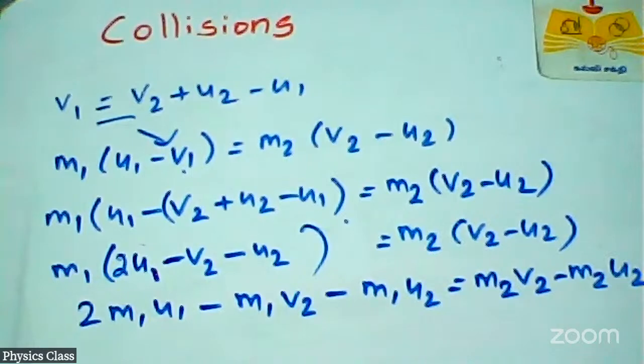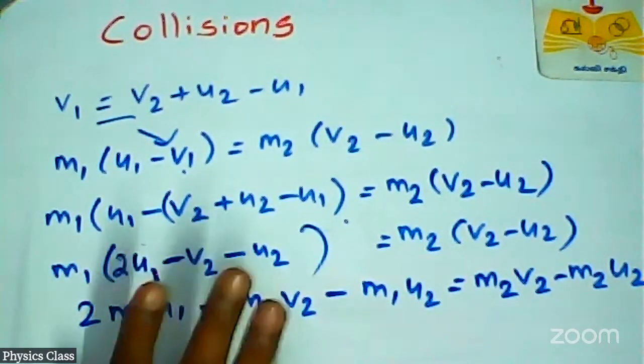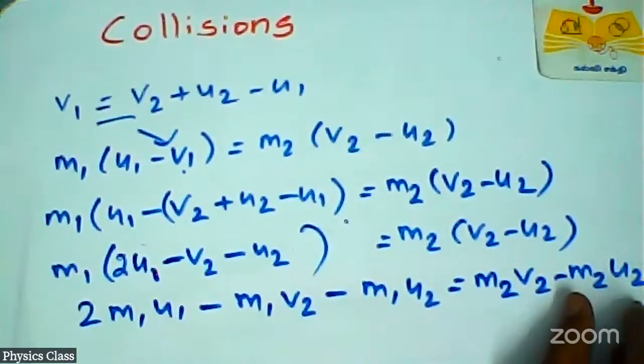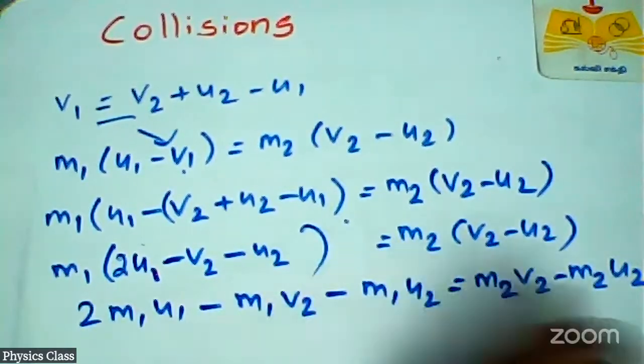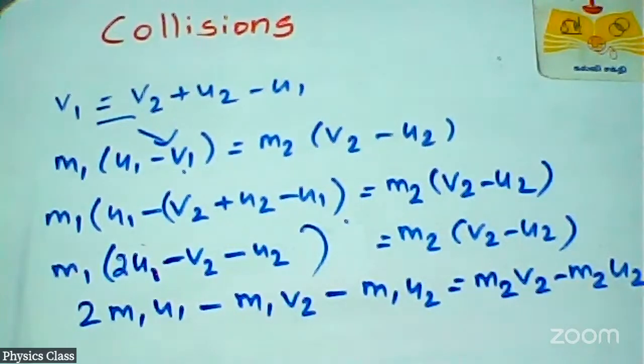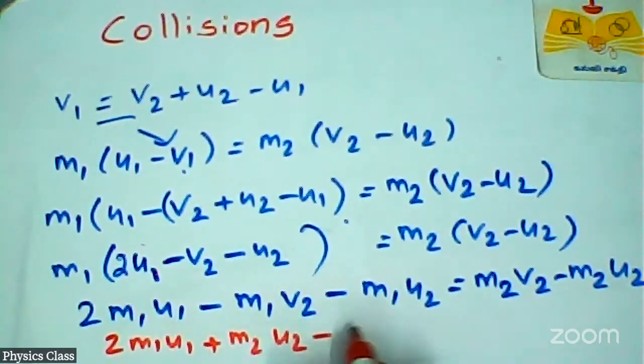Just think about it. 2 m1 u1 is here, but m2 u2 goes here, so minus converted into plus: 2 m1 u1 plus m2 u2, minus this quantity m1 u2.